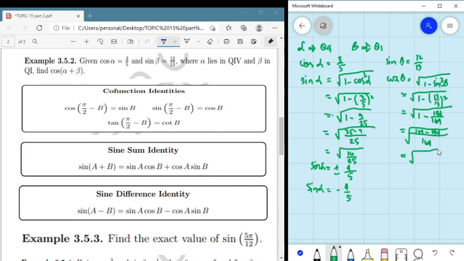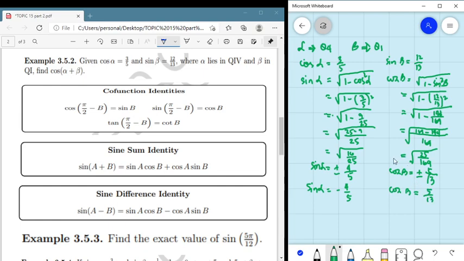So we have the square root of 25 over 169, so your cosine beta is equal to plus or minus 5 over 13. Since beta is in quadrant 1, cosine beta must be positive 5 over 13.